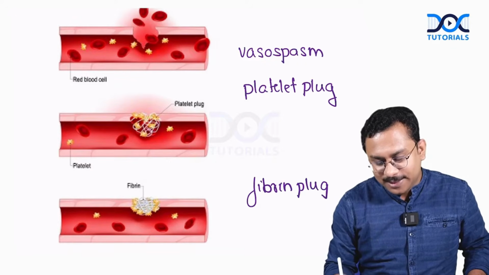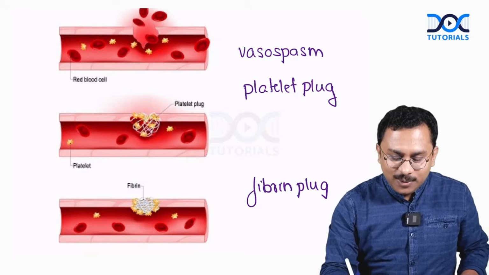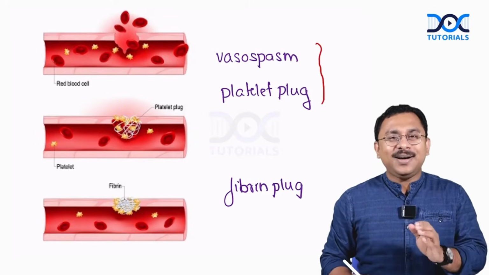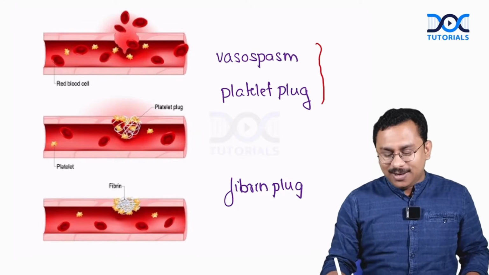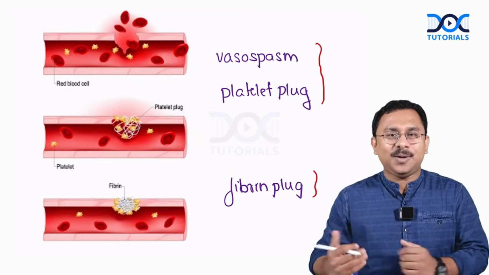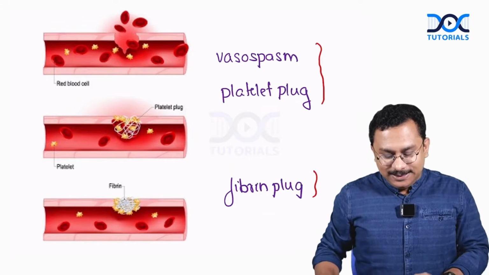And as I told you before, when you get a disorder involving these initial steps, you will have a primary hemostatic disorder, whereas secondary hemostatic disorder affects the later part.